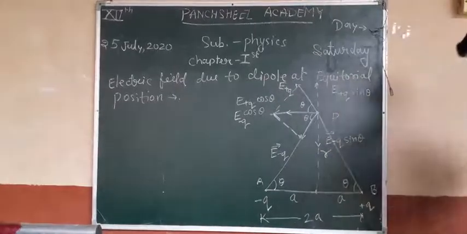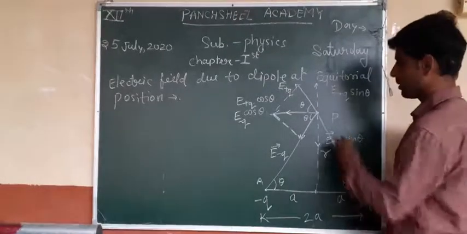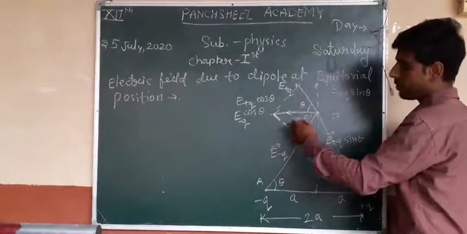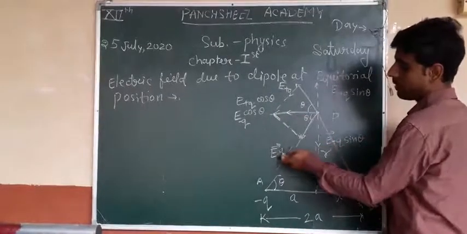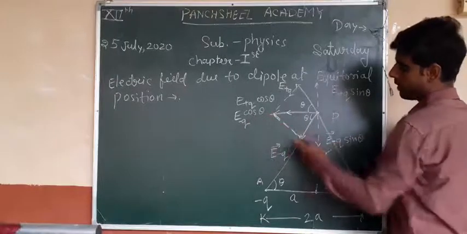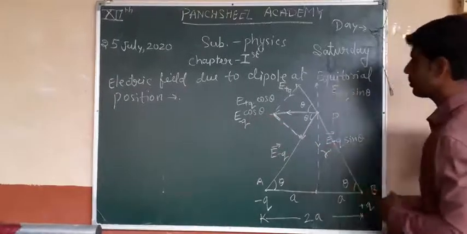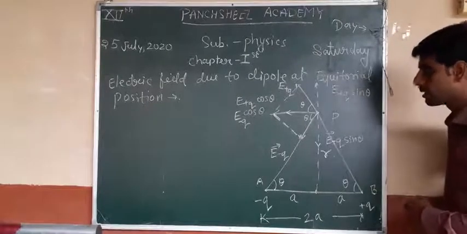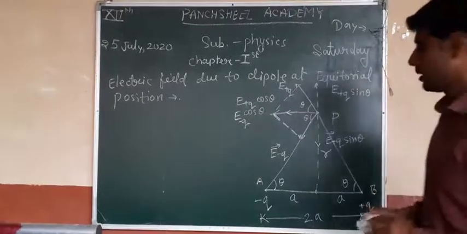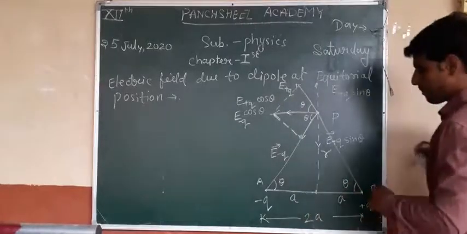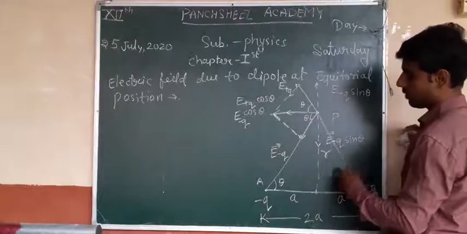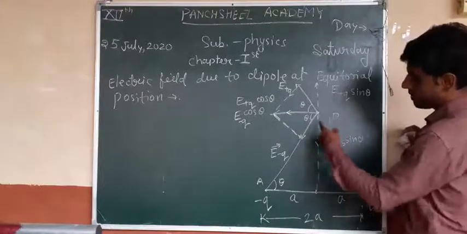Okay, so there are two components, horizontal and vertical, and also there are two components for this electric field, E minus q cos theta and E minus q sin theta. Okay, please see here, this is the distance r and this is distance a. So what is the value of this distance?